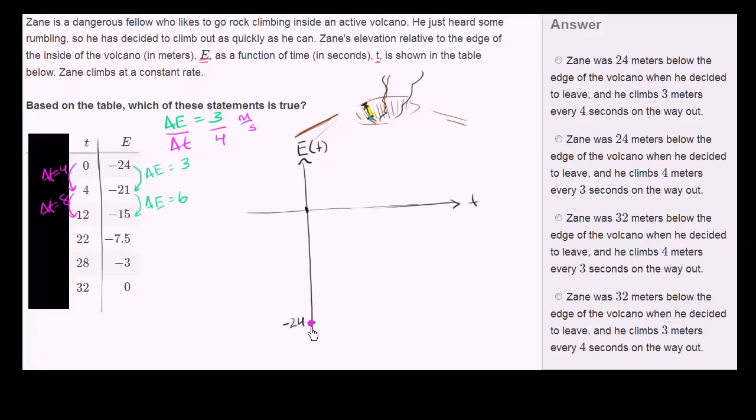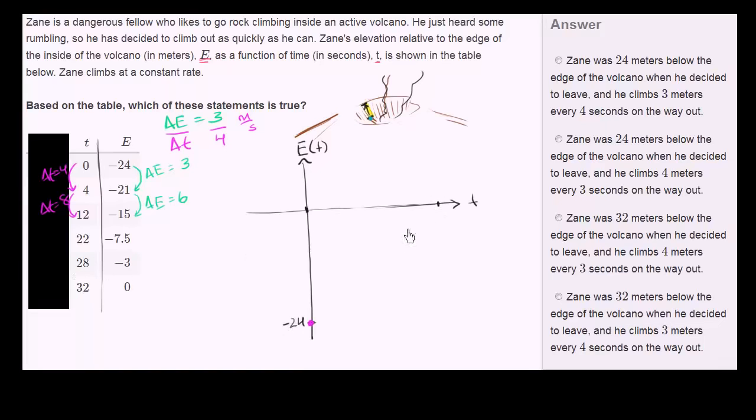So let's plot a few of these points. When time is 0, his elevation is negative 24. When time is 4, his elevation is negative 21. And so his elevation as a function of time is going to look something like this. Let me actually draw it a little bit more to scale, because the other thing that we do know is that when time is 32, his elevation is 0.